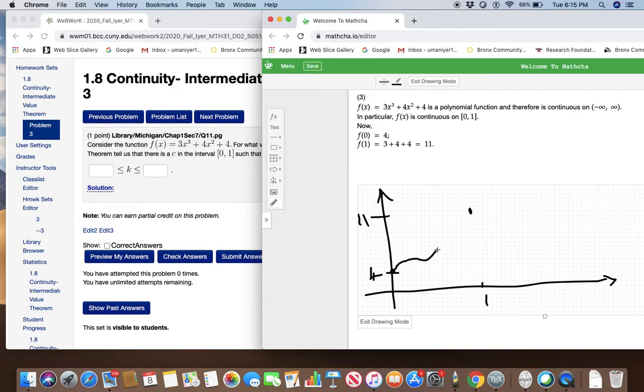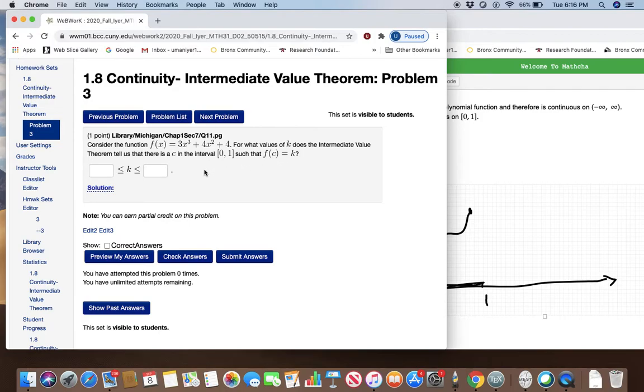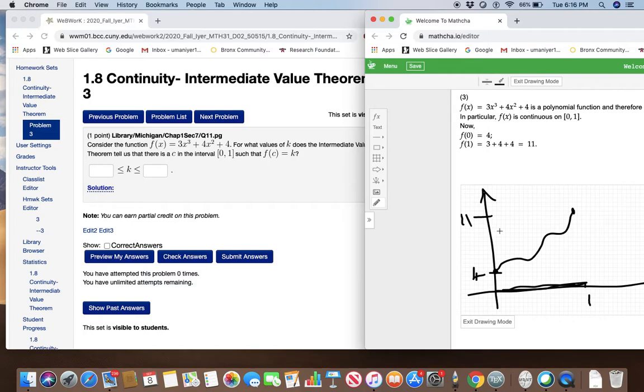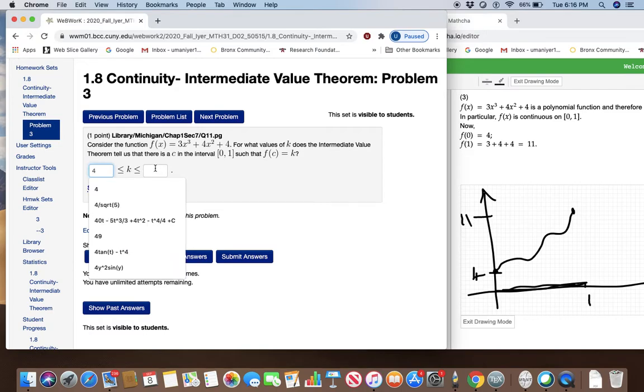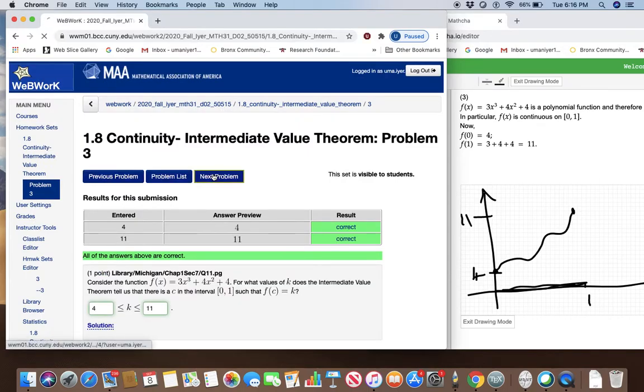Whatever our graph does, for every number between 4 and 11, you will find some x in this region. So for which values of k can I find values here, from 4 to 11? All right, next.